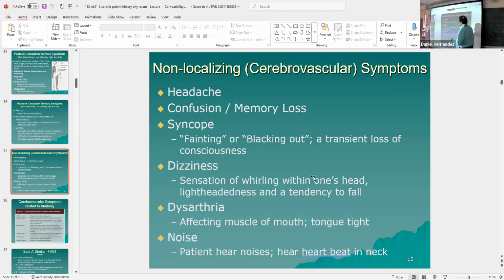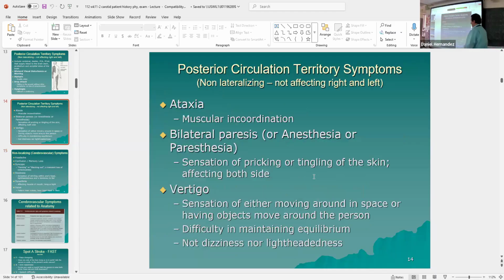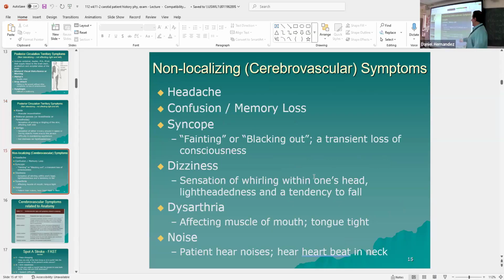So the little caveat to this is a patient could present and the board's questions can give you a non-localizing symptom. So they can say, patient presents with syncope and vertigo. You would still answer posterior because that syncope is non-localizing.